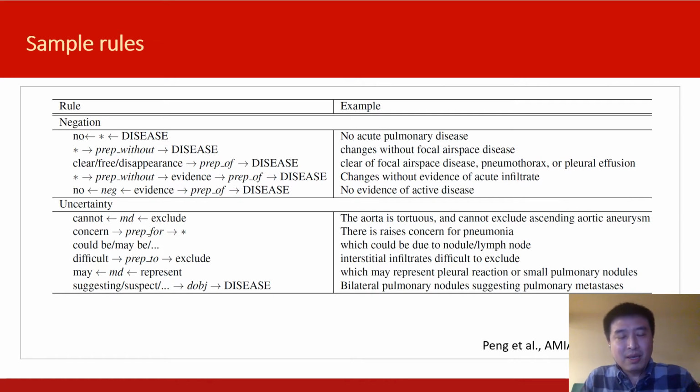For uncertain findings detection, the common rules include "cannot exclude," "concern for," "could be," "maybe," or "difficult to." Those rules frequently appear in radiology reports.